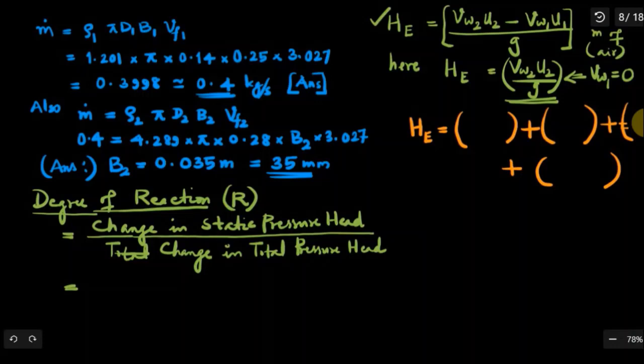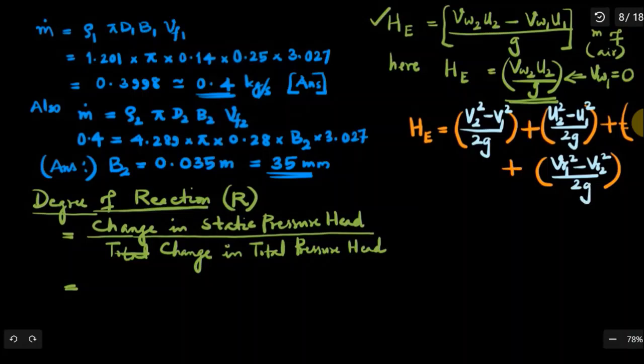The first term is V2 square minus V1 square divided by 2G. And the second term is U2 square minus U1 square divided by 2G. And the third term is, the order is reversed, that is VR1 square minus VR2 square divided by 2G.